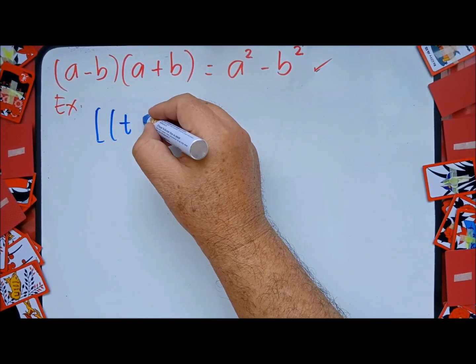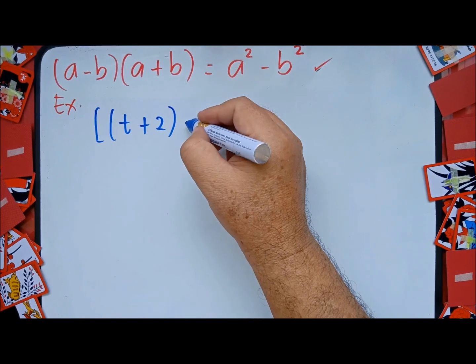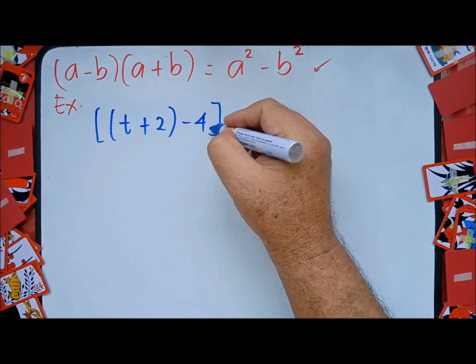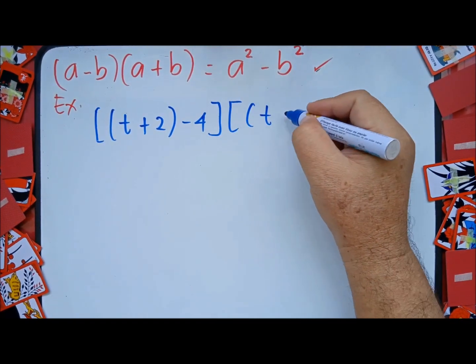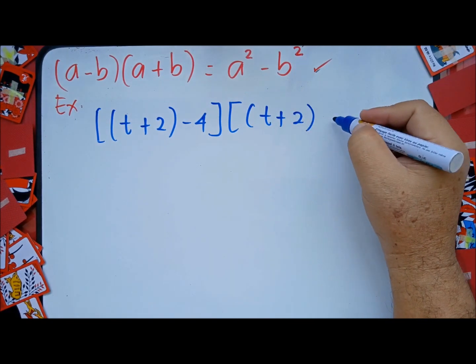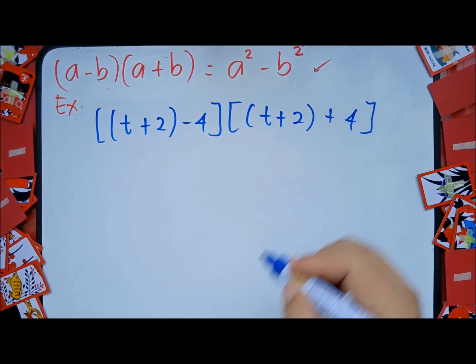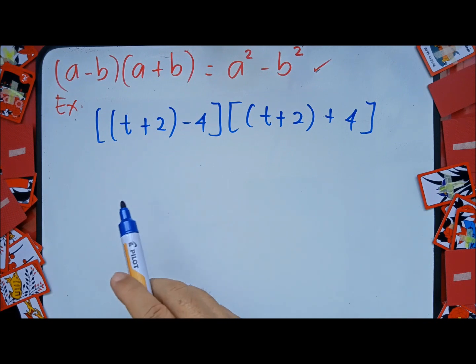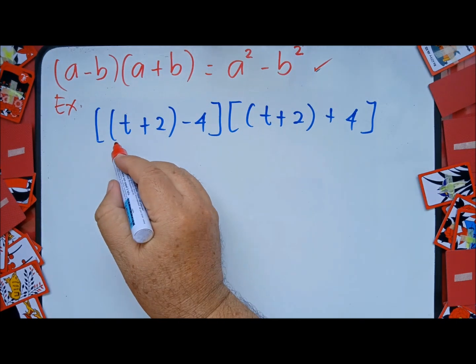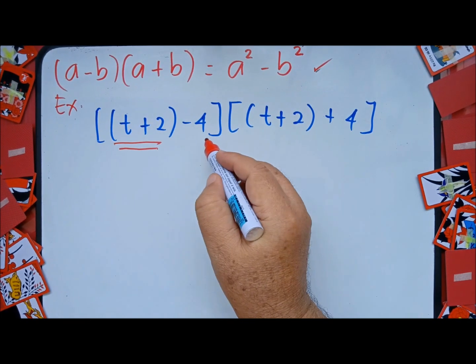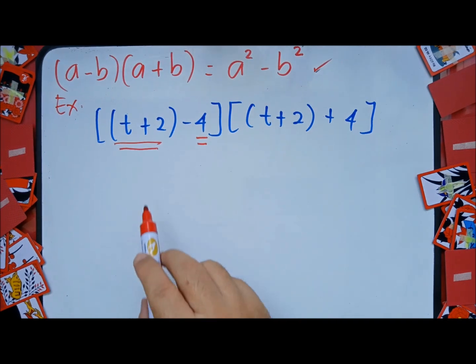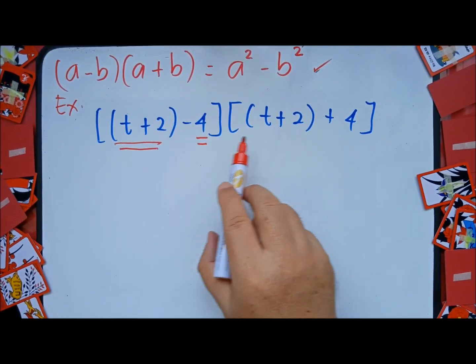t plus 2 minus 4, t plus 2 plus 4. Okay. Is this applicable? This is a special kind of binomial. So, we will consider this as your A, and this as your B. Your first terms are the same.